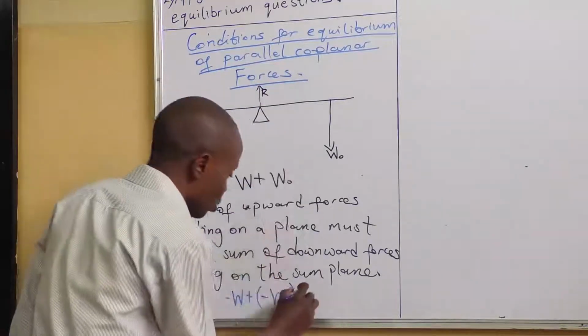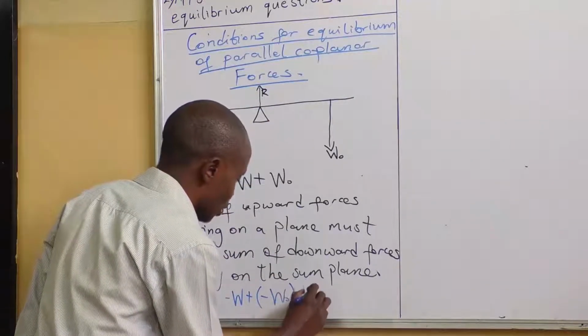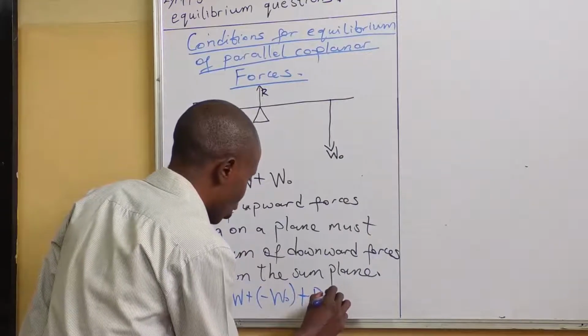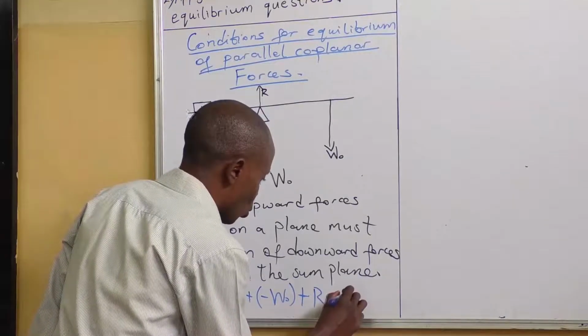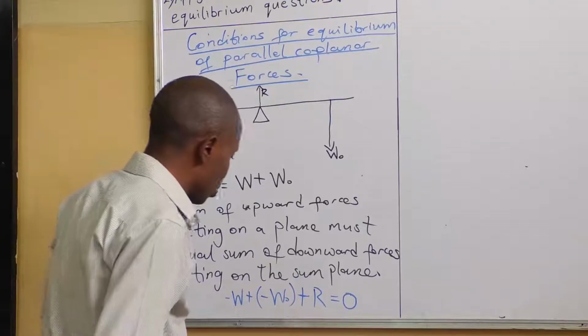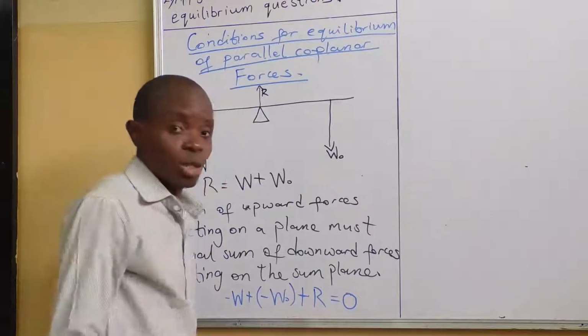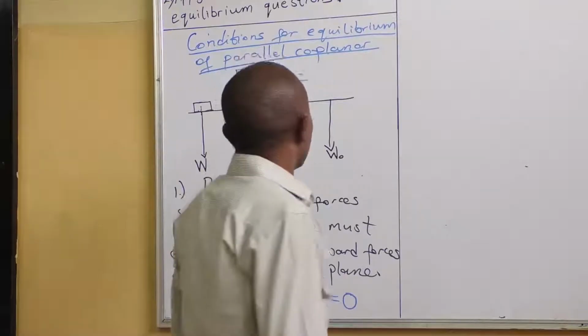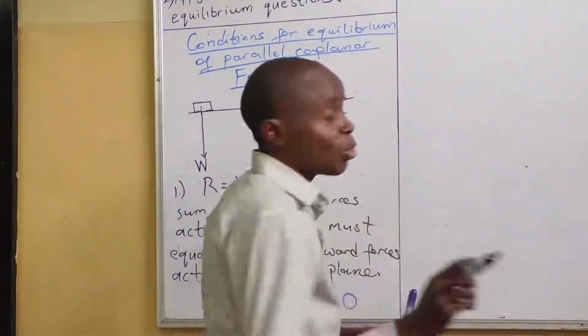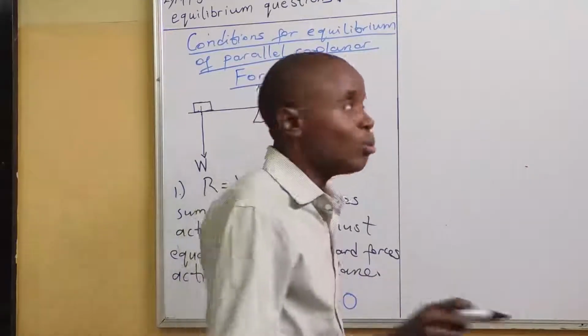This is acting north, so we want to use plus to denote that, plus R. Then everything should be equal to 0. Minus W minus W naught plus R should be equal to 0. That's vector sum.